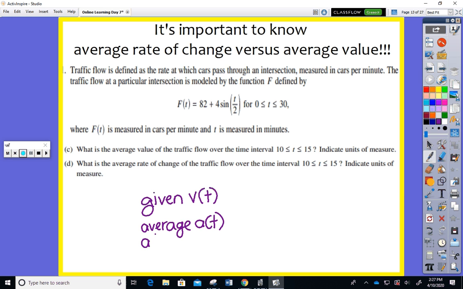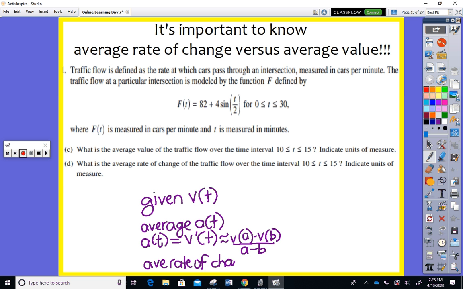Remember, acceleration is a derivative of velocity. And whenever I want to approximate a derivative, that's when I do the slope formula. This is then average rate of change. Because remember, the relationship between acceleration and velocity is that the acceleration is the rate at which velocity is changing.